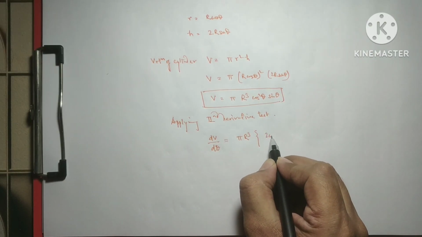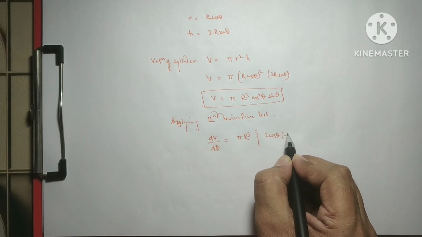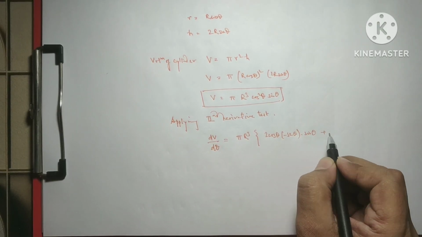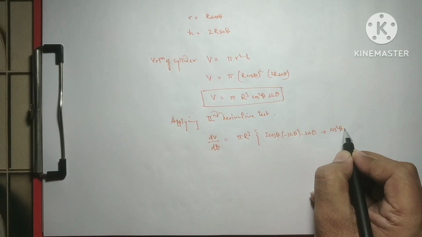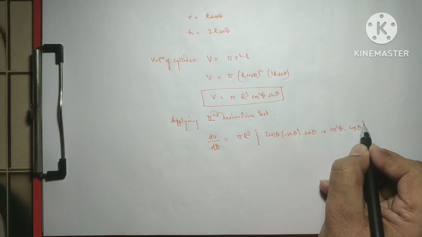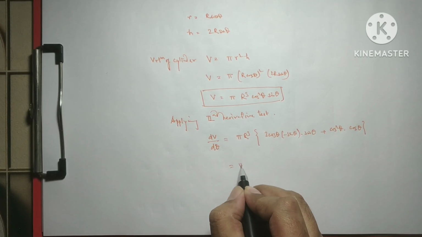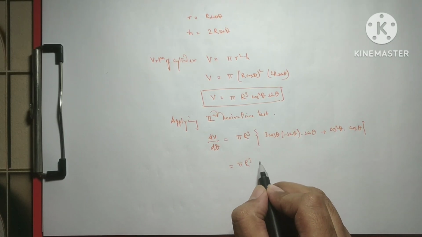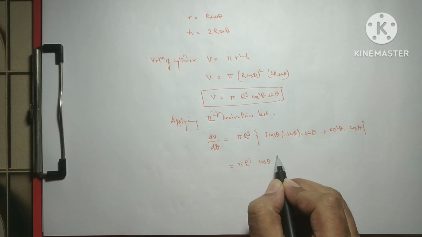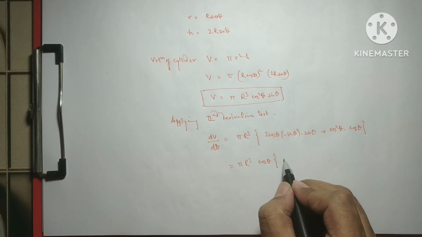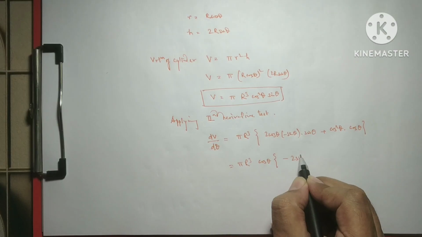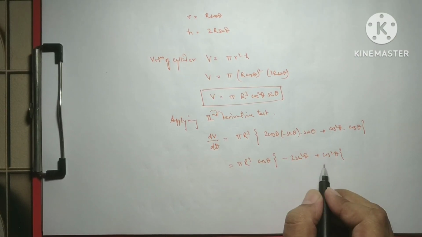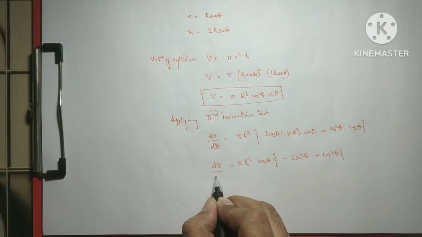So we get 2 cos theta into minus sine theta into sine theta plus cos square theta into cos theta. Taking cos theta common, pi r cube cos theta times minus 2 sine square theta plus cos square theta. So we have these two factors in dV over d theta.